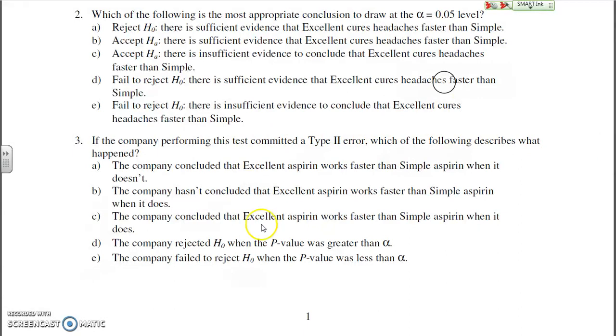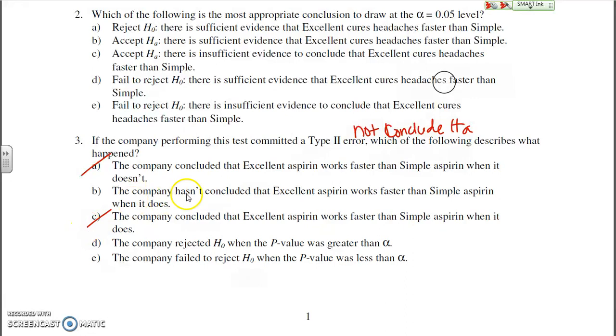Well, remember, if we did a type 2 error, we failed to reject, which means we did not conclude the alternative, okay? So anytime it says the company concluded, we did not conclude. We don't want to use the wording has concluded.